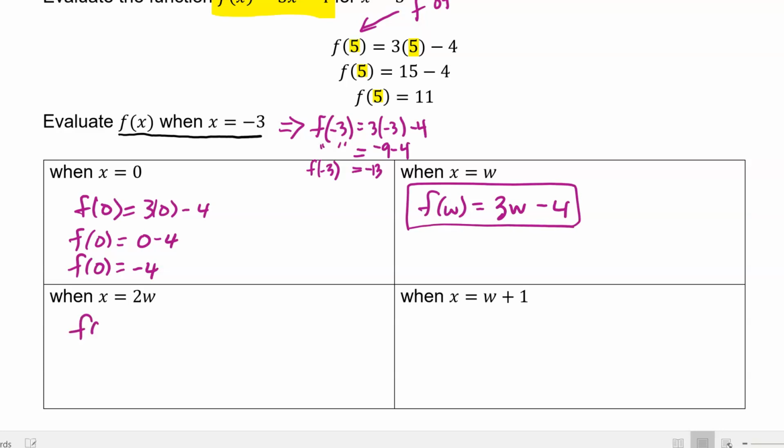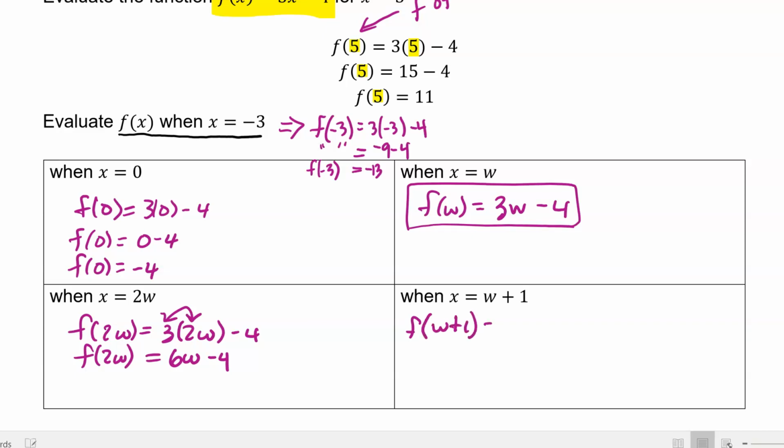What about f of 2w? That means 3 times 2w minus 4. You can actually multiply 3 times 2w, so f of 2w here equals 6w minus 4. And what about when x equals w plus 1? Instead of writing the x again, we're going to replace all of it with w plus 1.